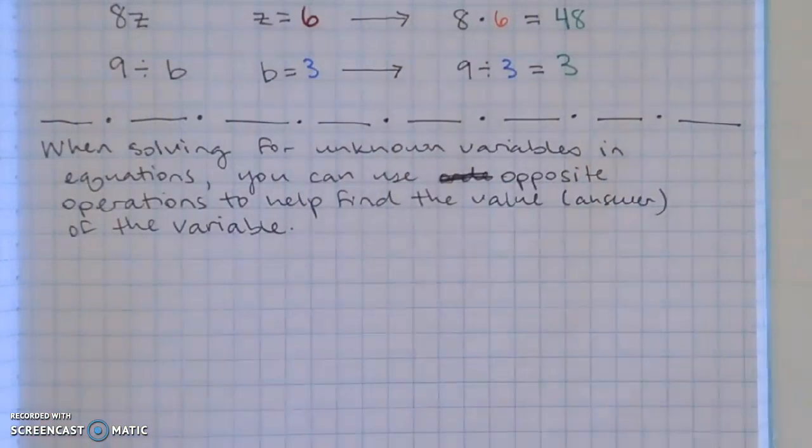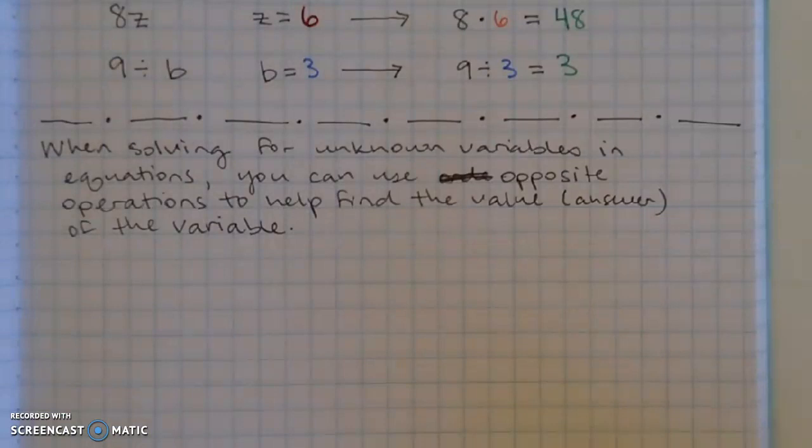Okay, that's a lot of math language. So when solving for unknown variables and equations, you can use opposite operations to help find the value or the answer of the variable. Okay, if you need to pause at any point to catch up on these notes, please do that.